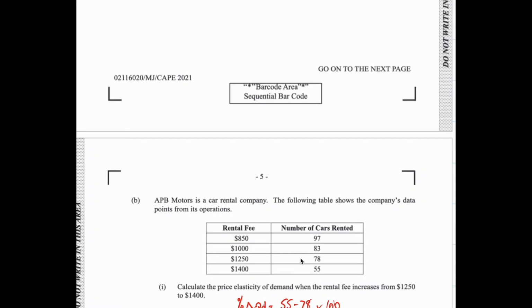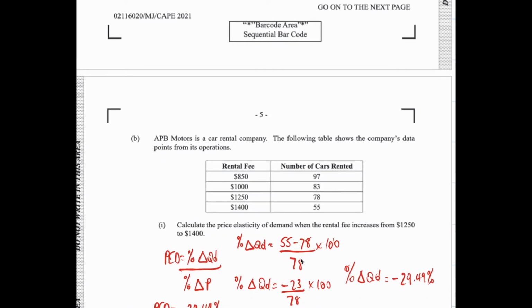So right here we have the first one, which is calculate the price elasticity of demand when rental fee increases from $1,250 to $1,400. So right here we start off with our formula, right?